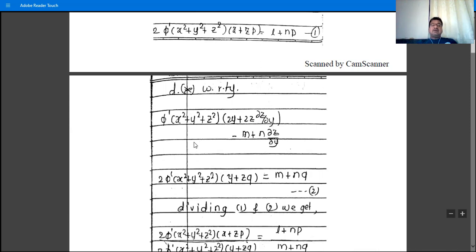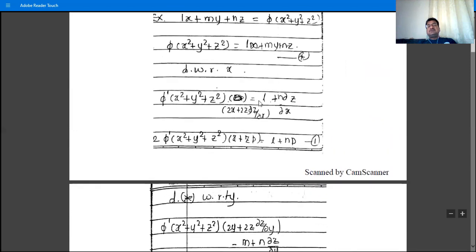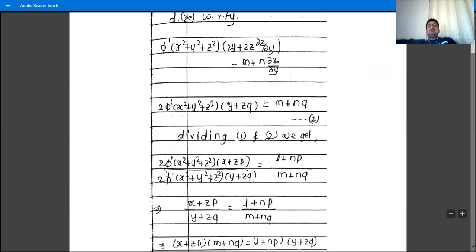Remember that x and y are independent variables and z is a function of x and y, so the derivative of x with respect to y is 0, and the derivative of y terms with respect to x is 0.